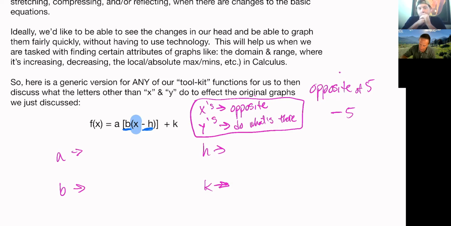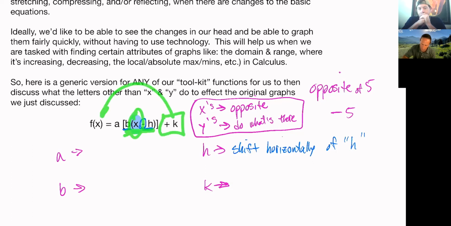Okay, so the h is going to be a shift horizontally of h. All right, it's going to be the opposite. So again, notice that is there. Where the k is not being done to the x in there, so therefore it's going to affect our y value.